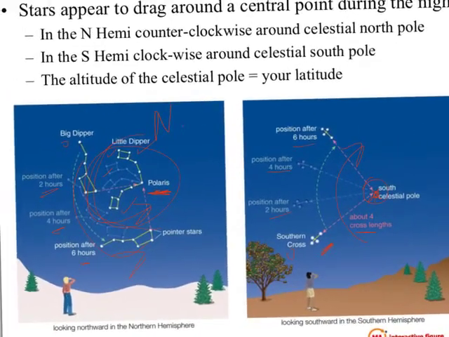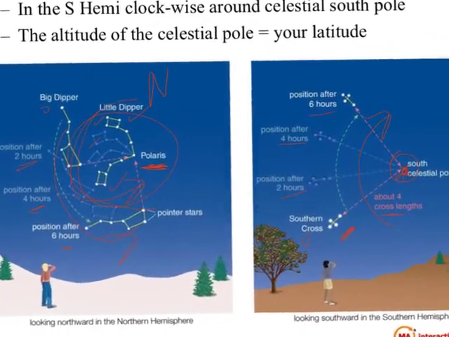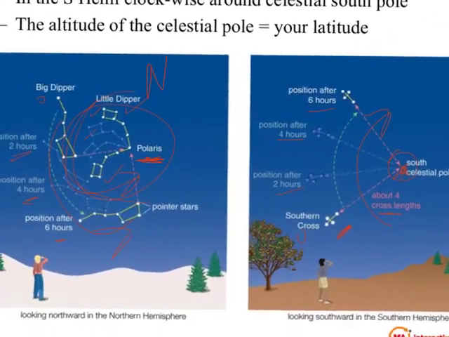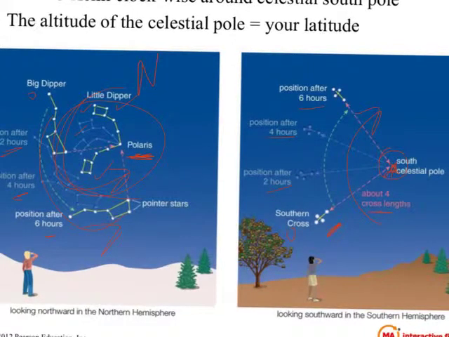One other important awesome thing: regardless of which hemisphere you're in, if you look for either the pole star Polaris or the region of space around which rotation occurs in the southern hemisphere, the angle that Polaris, or that region, makes above your horizon is directly related to where you are on the Earth with regard to latitude.